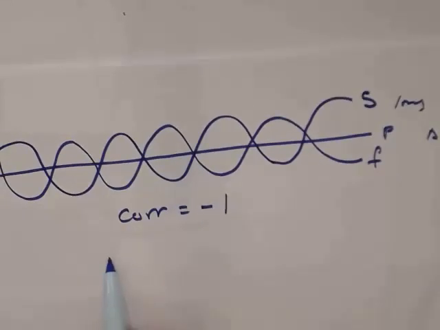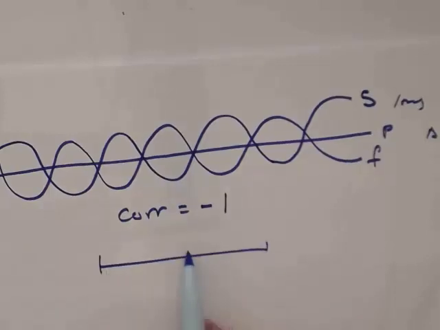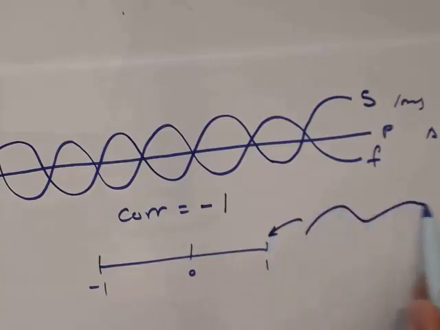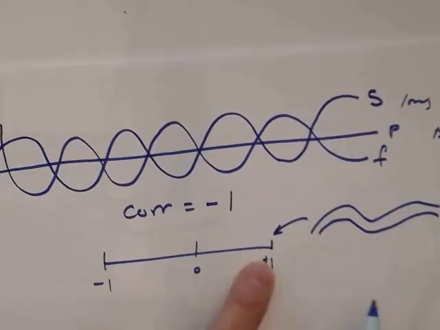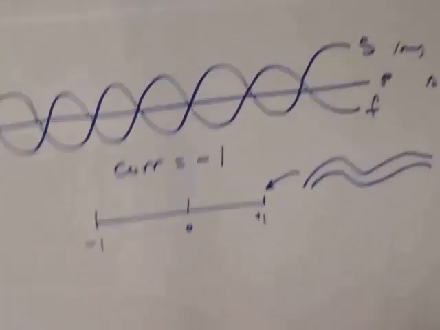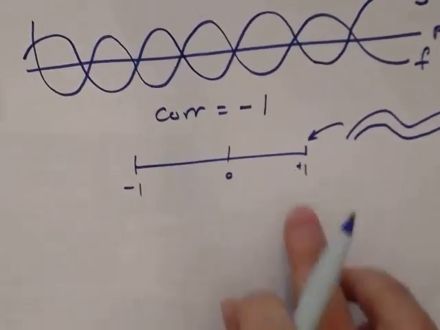Recall that correlation in statistics class goes from -1 to +1. If you have two assets that are perfectly positively correlated, then you have a correlation of 1. There's no benefit of diversification, which I'll show you in a minute.